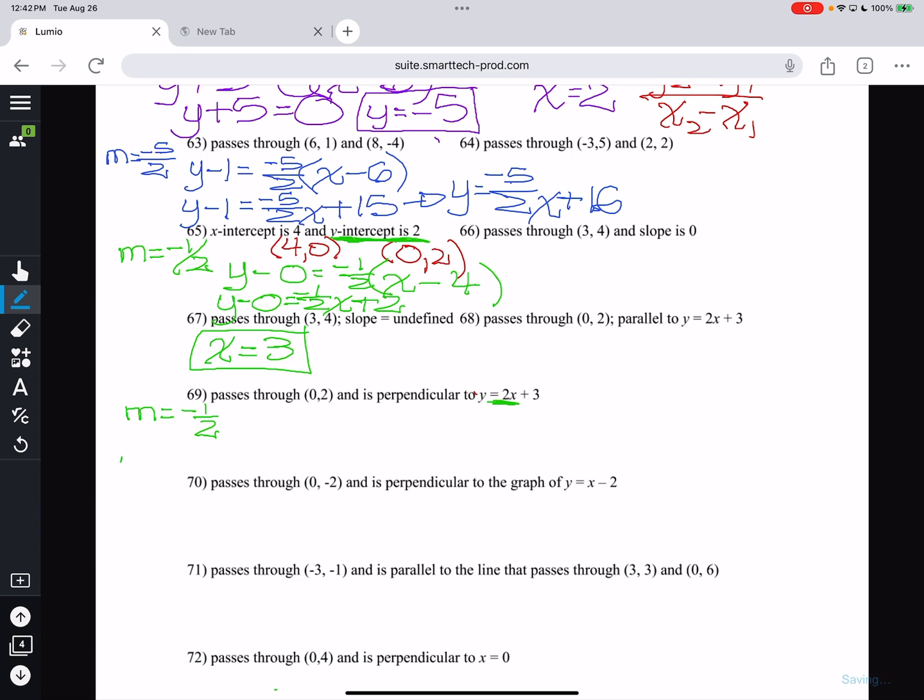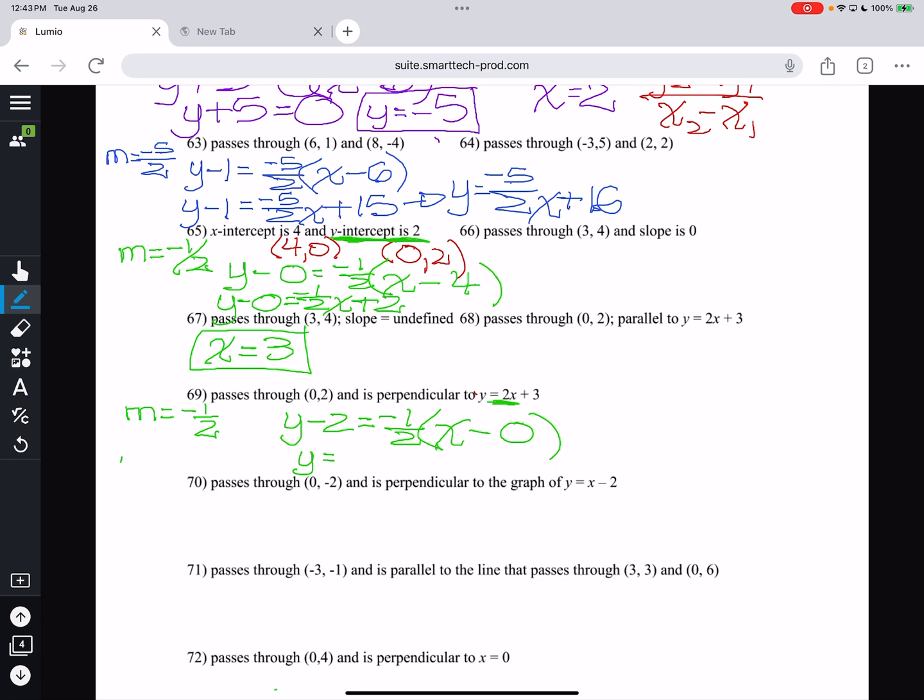All right? Who can tell me what to do next? Put it into point slope. Let's do that then. So y minus 2 equals negative 1/2 x minus 0. So I'm just going to go ahead and say y equals, because any number times 0 is 0.